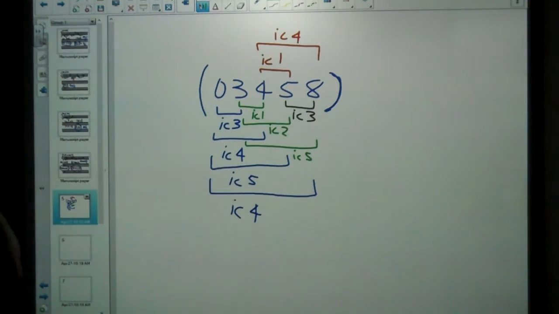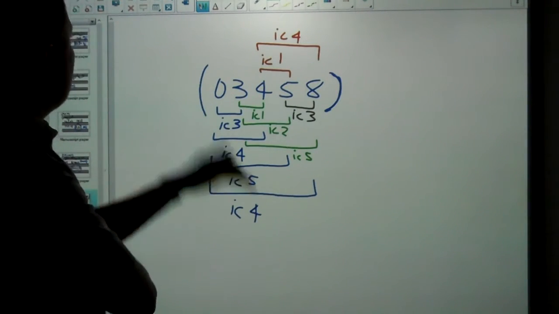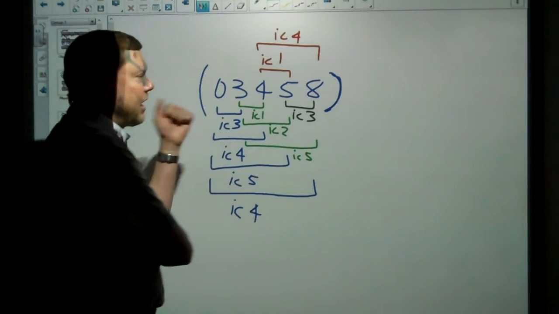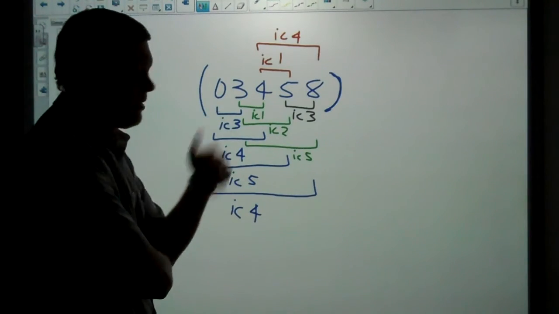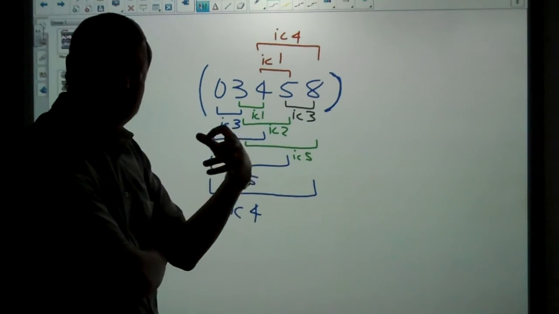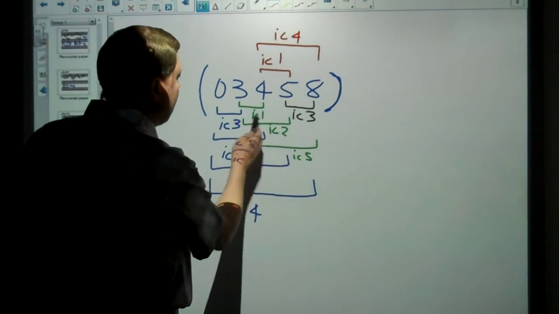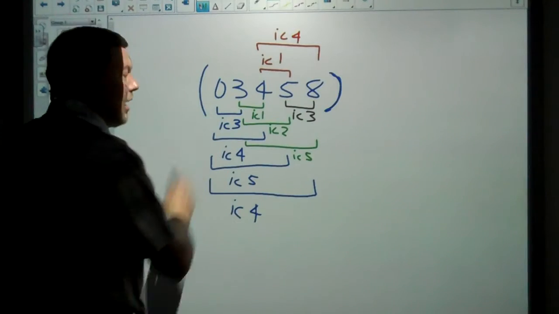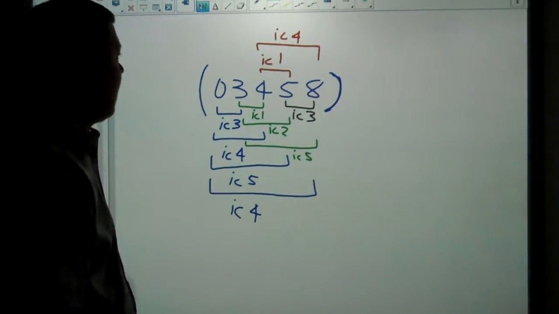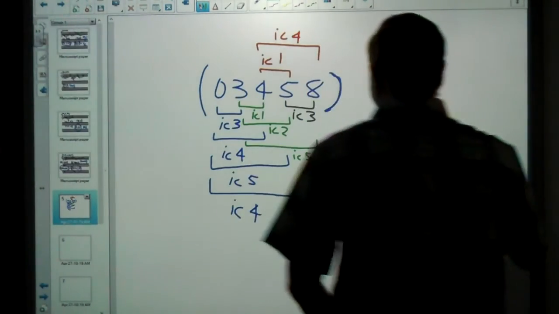Wow, that's a lot of interval classes. And when you have pitch class sets that contain 5 pitch classes like this, you should have a grand total of 10 intervals. 1, 2, 3, 4, 5, 6, 7, 8, 9, 10. That's right, we do.